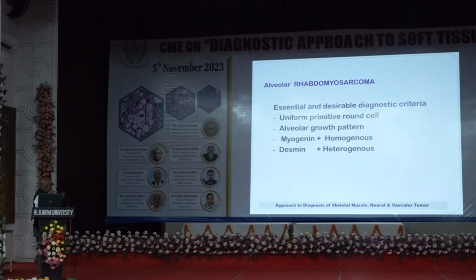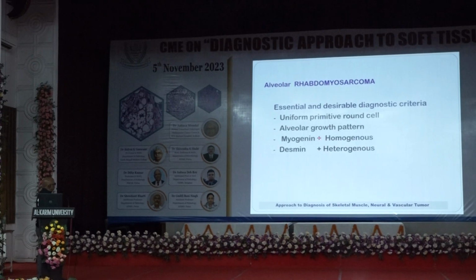So, in essential and desirable diagnostic criteria, how will we approach whenever we think of it? Whenever you see this uniform primitive round cell tumor in a young patient, in the extremities, and with alveolar growth pattern, you can think of alveolar rhabdomyosarcoma, supported by myogenin positivity and desmin positivity.